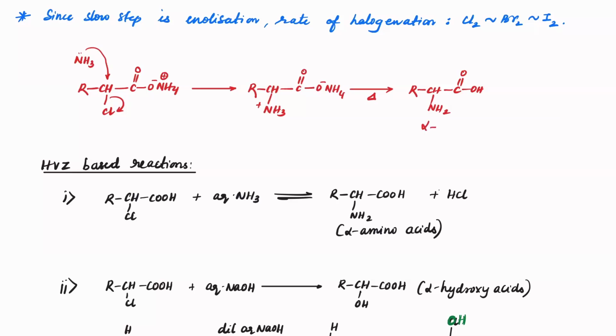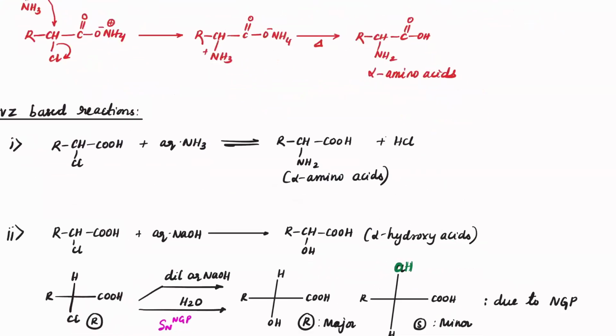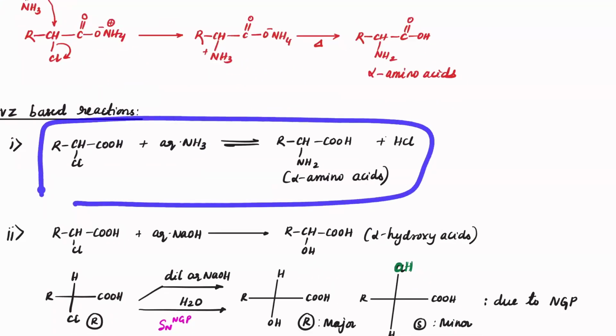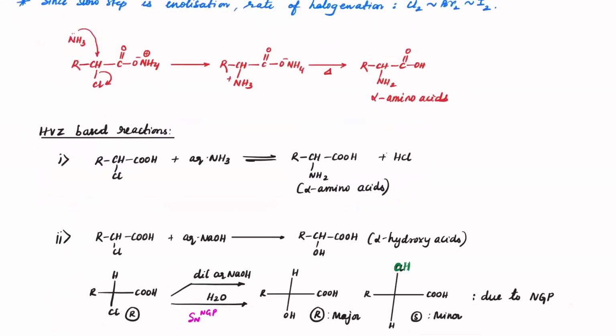So what we get here is alpha amino acids. That is what I have written here. You can see it will give you an alpha amino acid.